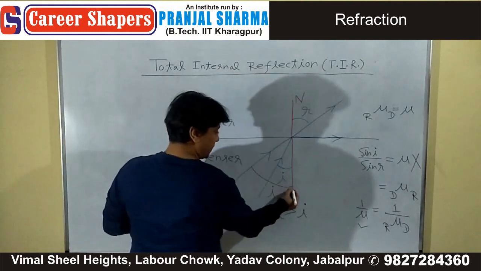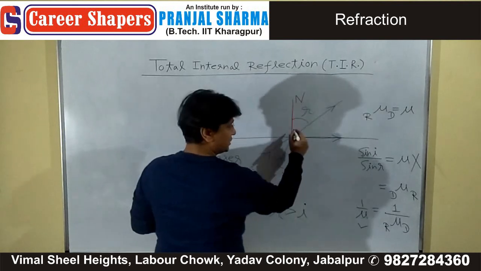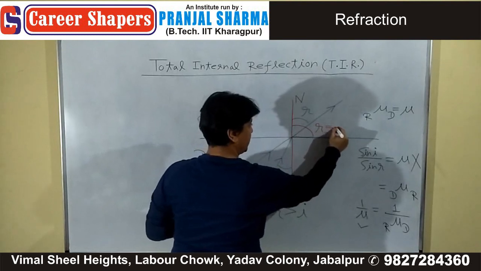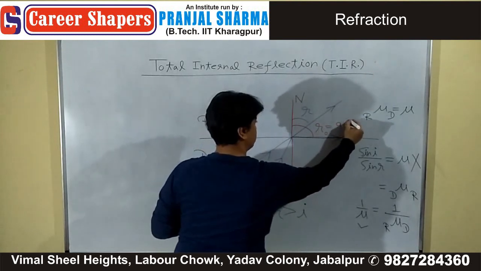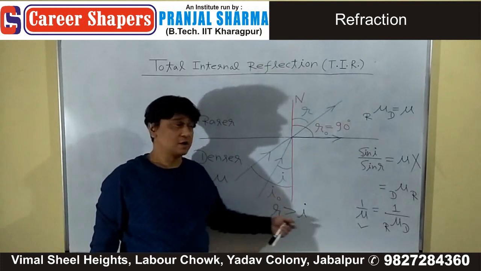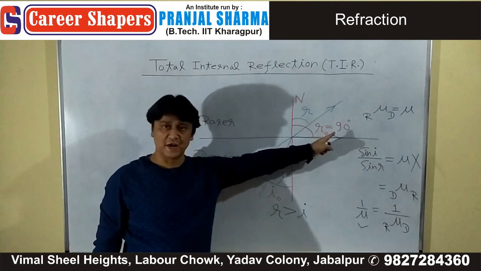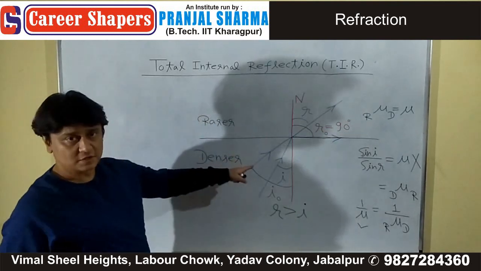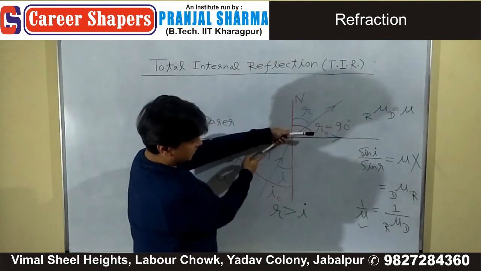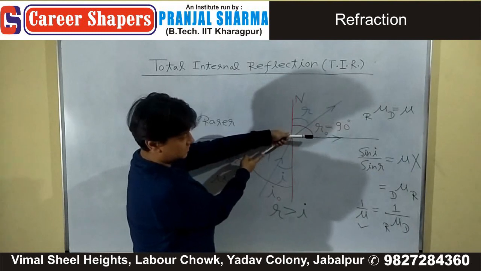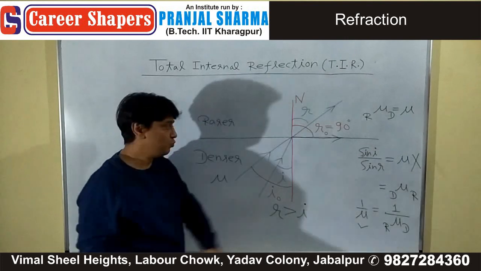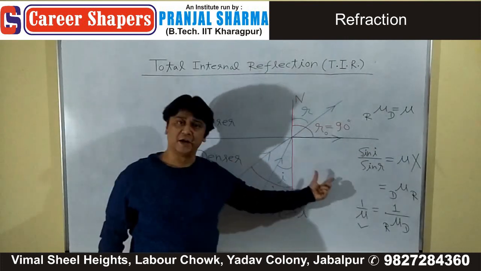For this critical angle i naught, the angle r naught simply becomes what? 90. When the angle of incidence is i naught, the angle of refraction is r naught, which is 90. After this, if you further increase the angle of incidence, light will move into the denser medium itself.